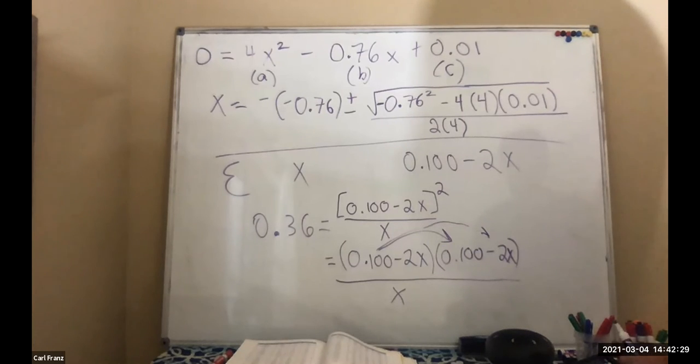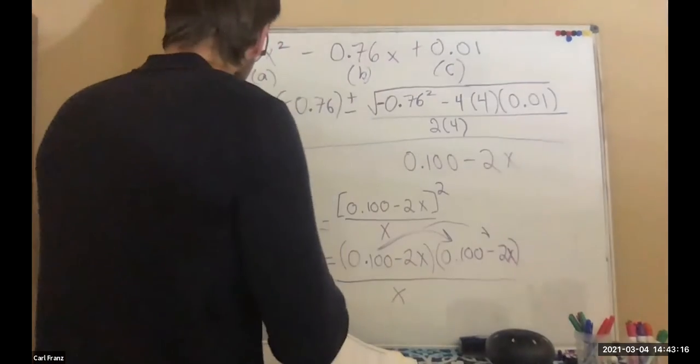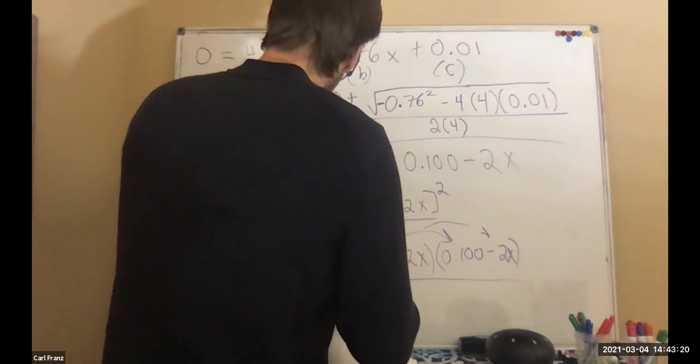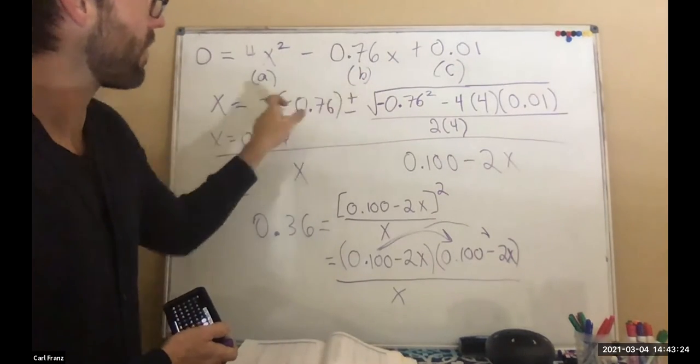Now let's see. Okay. So I got one value being x equals 0.176 when I add these together.